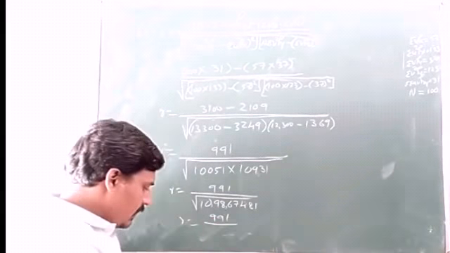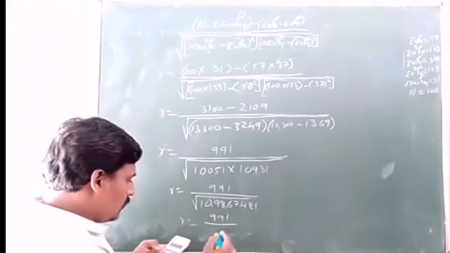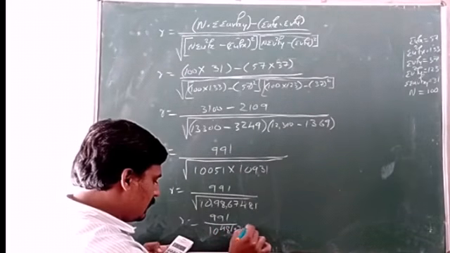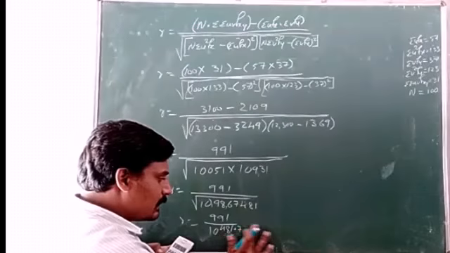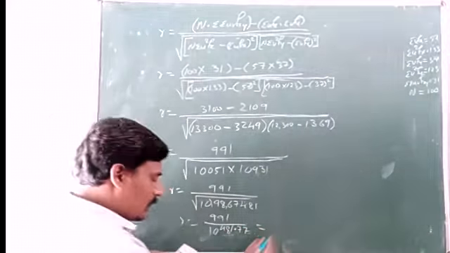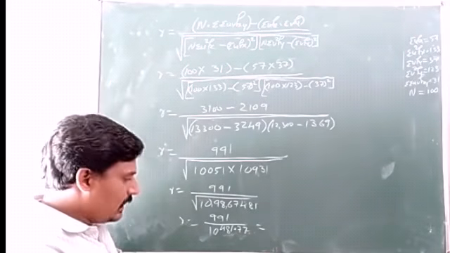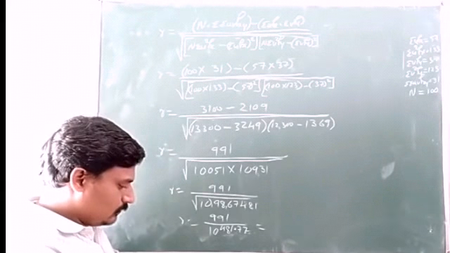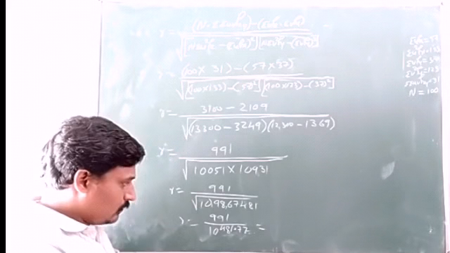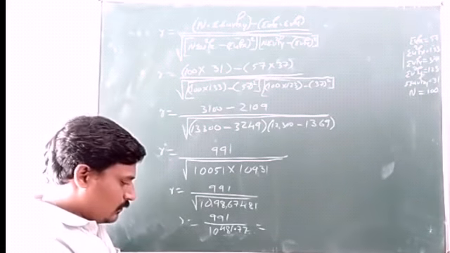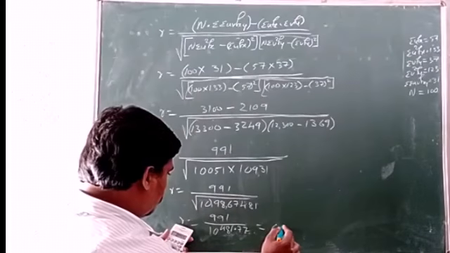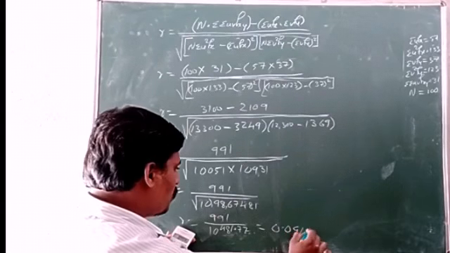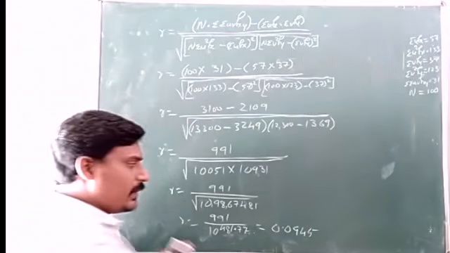991 divided by the root of this amount, which is 10,481.77. So that is equal to 991 divided by 10,481.77, which is 0.0945.